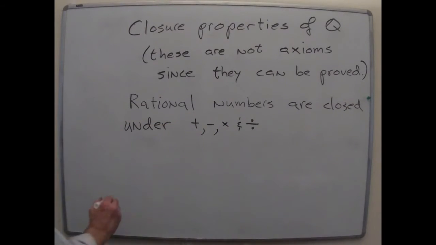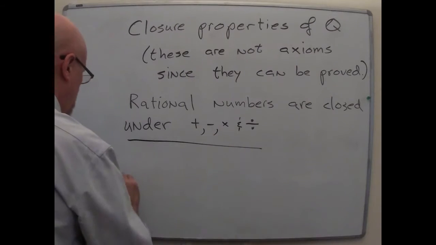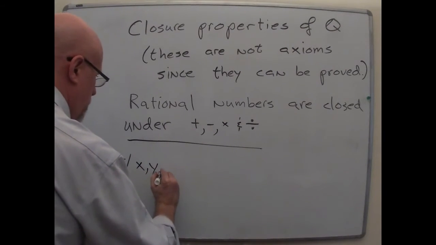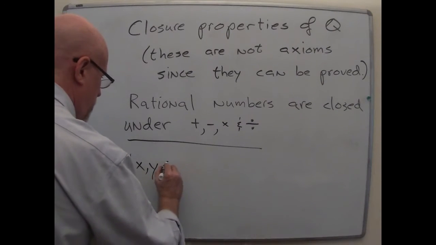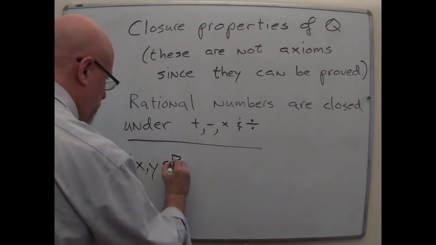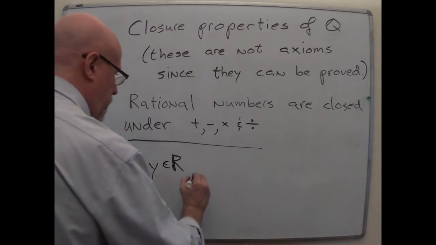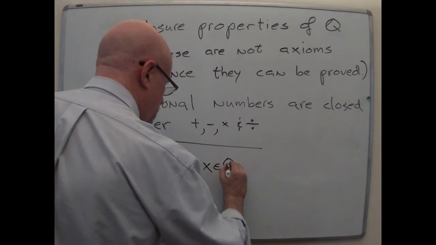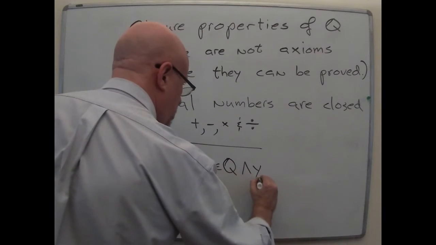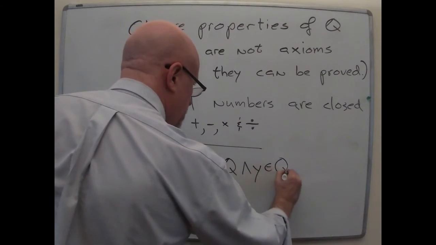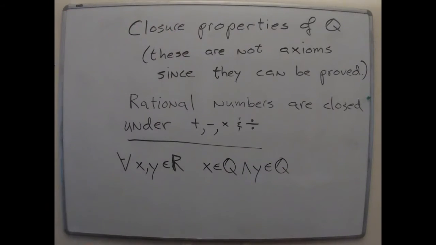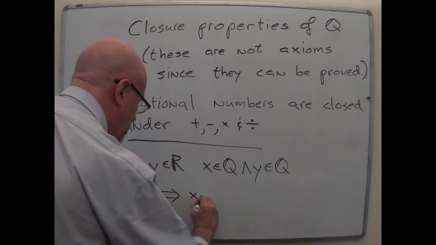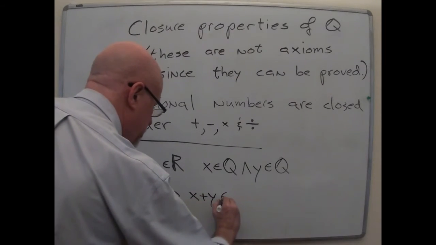I would say something like this: for all x, y. Let's just take them as real numbers at first, but x being a rational number and y being a rational number, those two things imply that the sum, x plus y, is a rational number.